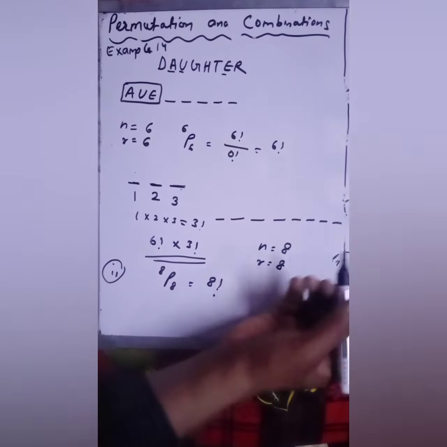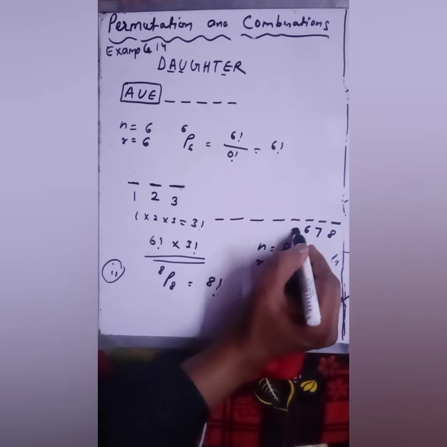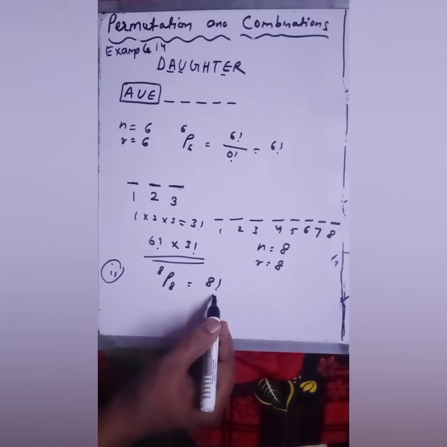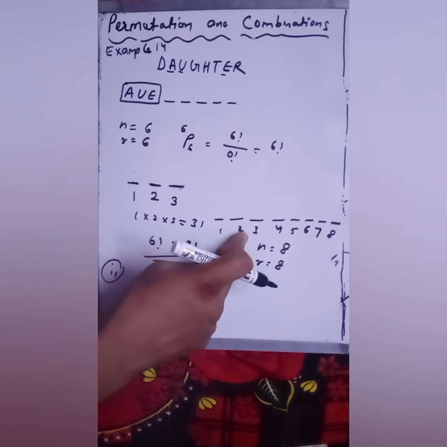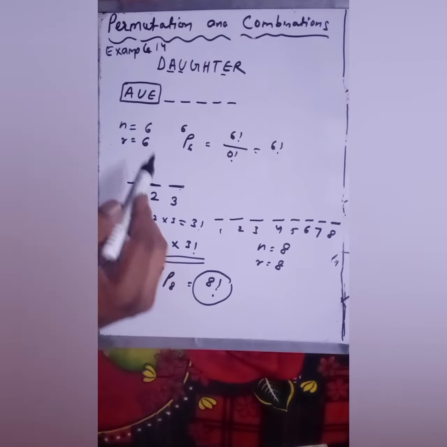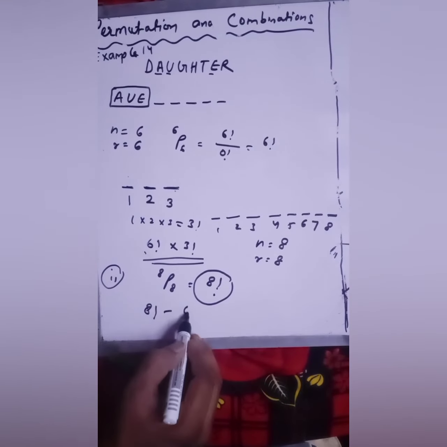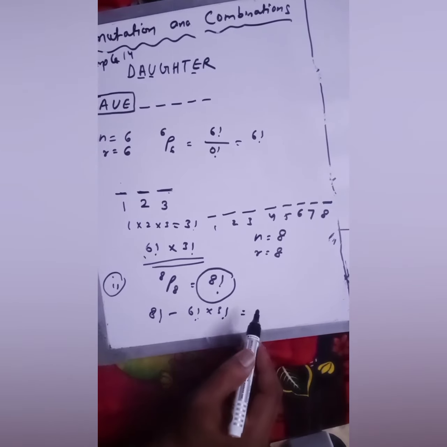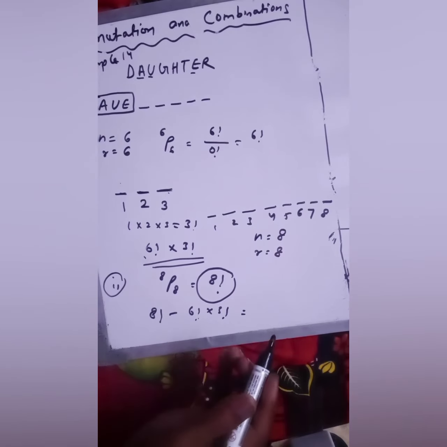Got it? Or simply you can think about it: for this place you have 8 choices, for the next you have 7, 6, 5, 4, 3, 2, 1. When you multiply all of them, you will get 8 factorial also. So you can remember it this way also. So this total arrangement minus the one in which all vowels are occurring together: if you subtract 8 factorial minus this one, you will get the number of different arrangements in which all vowels do not occur together.